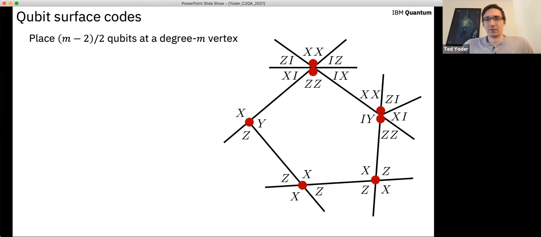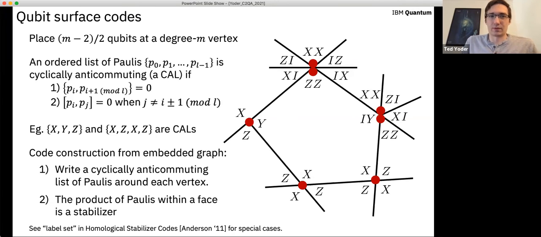Okay. So once we have the graph, here I'm just showing part of a graph. You place (m-2)/2 qubits at a degree m vertex. This is in the case that the vertex degree is even. In the case that the vertex degree is odd, you place (m-1)/2. Sorry, I didn't write that.